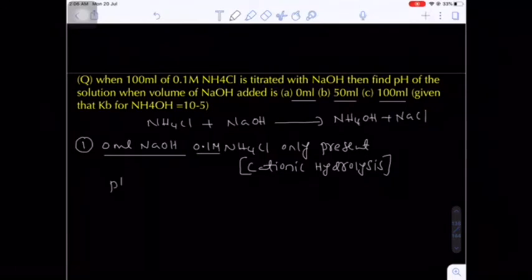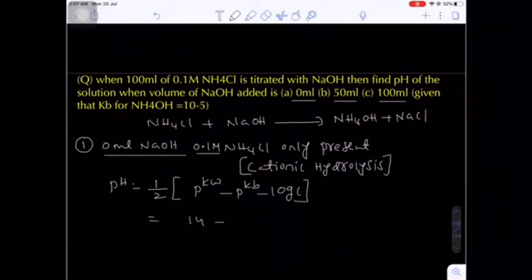What is the concentration of NH4Cl given here? 100 ml of 0.1 molar. Now what is the pH formula? pH is equal to half into pKw minus pKb minus log C. The pKw value is 14, the pKb value given here is 5.